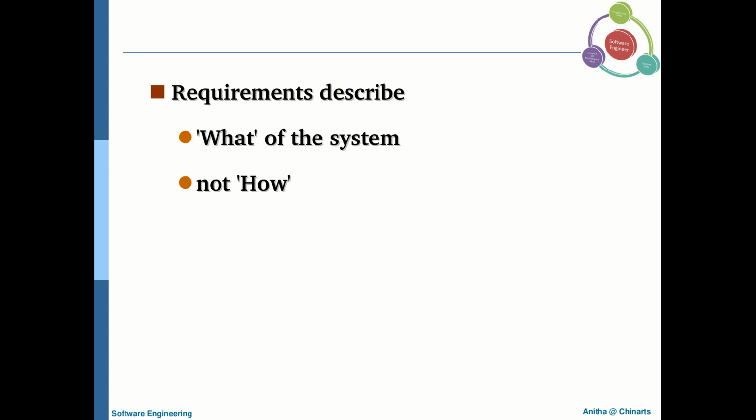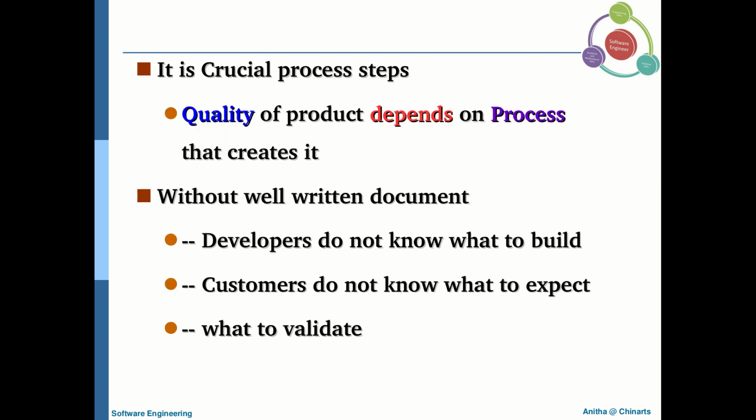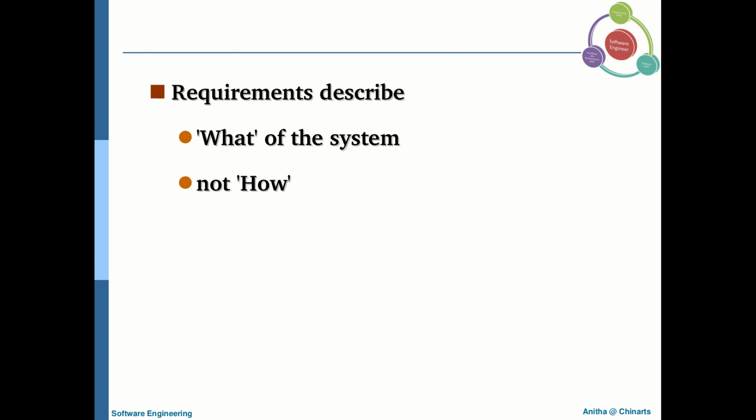Requirement engineering produces a document called the software requirement specification document, which is a large document. This document is generally written in natural language, and it will contain what the system will do without describing how it will do it.